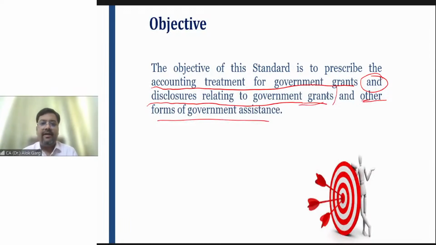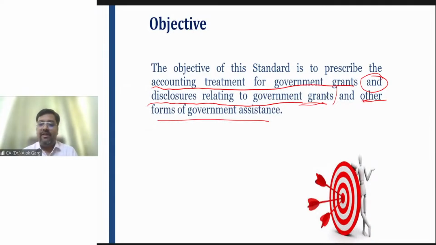Radhika is saying, yes, sir, we can identify that. The value of the land can be identified. Okay. Yes. What about others? If the value of the land can be identified, it means we can calculate the government grant, we can measure the government grant. There is a value placed on it, right?